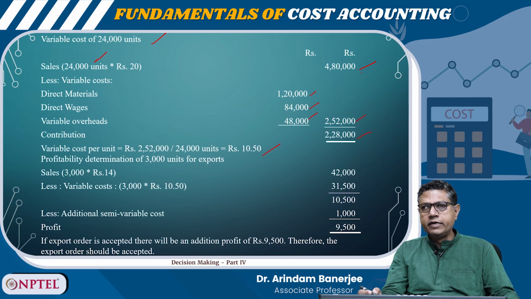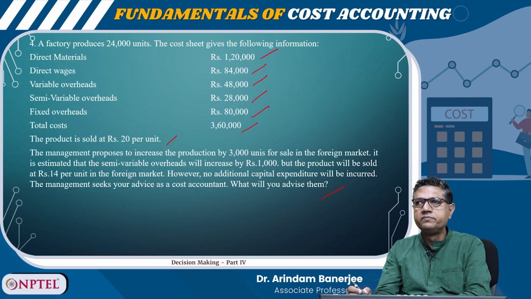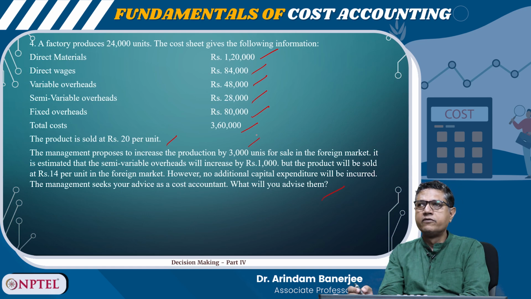The profitability determination of 3,000 units of export. So, now we calculated the variable cost per unit, which is 10.50, right. And our question was that the management proposes to increase the production by 3,000 units for sale in the foreign market.